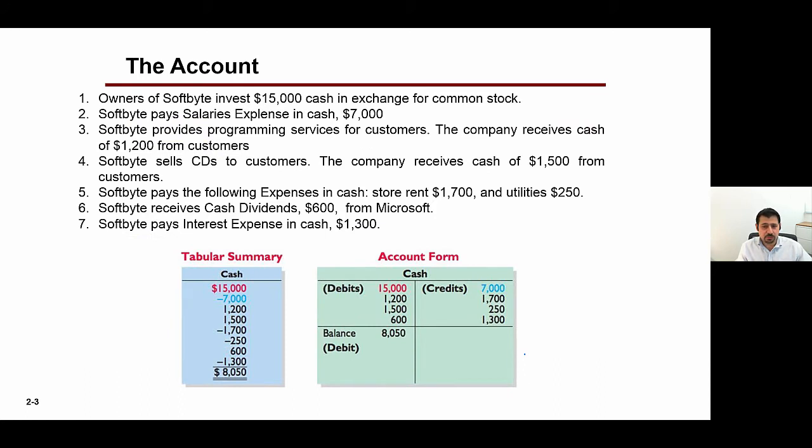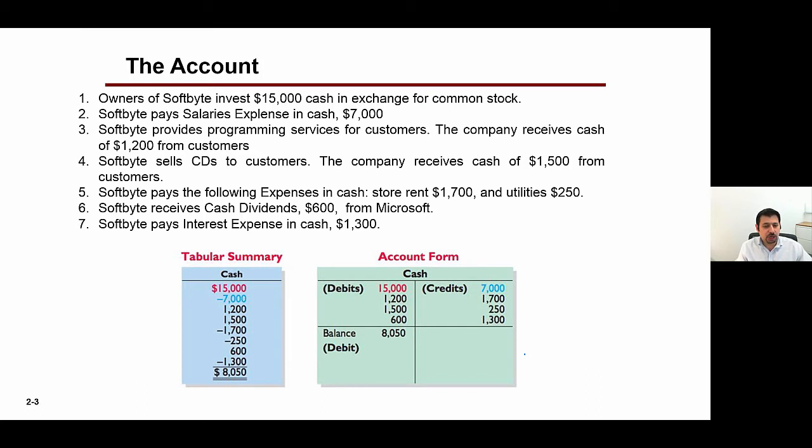So for example, let's look at the transactions that relate to the cash account from the previous example. Basically here we have a list of transactions that involve cash. For cash and assets, debits increase assets.